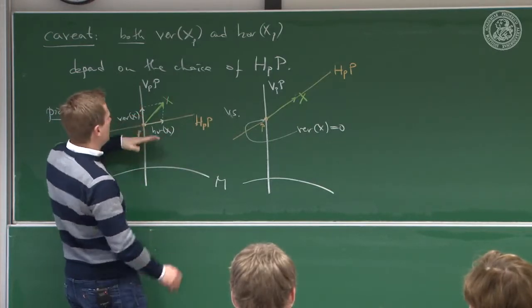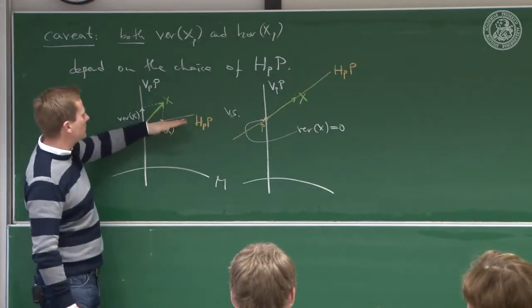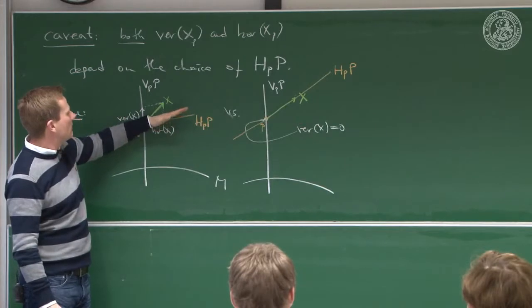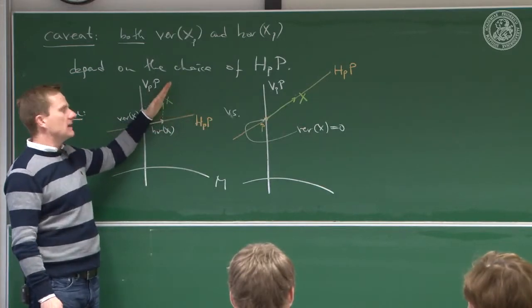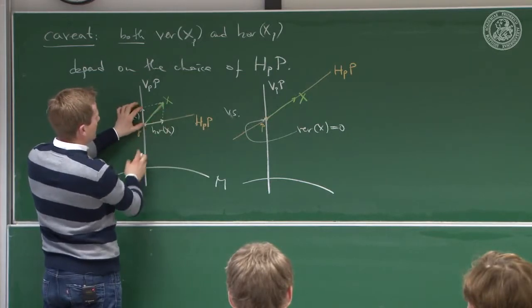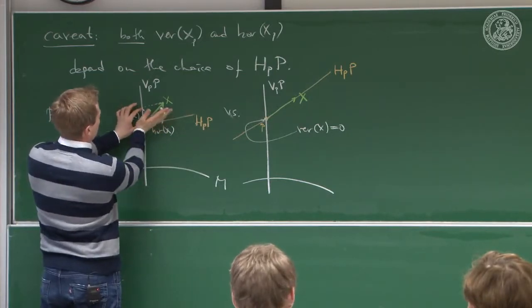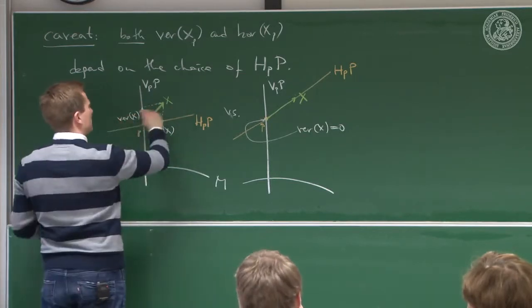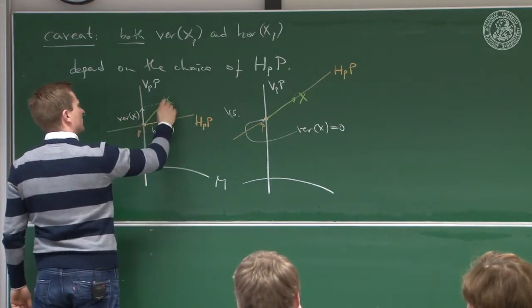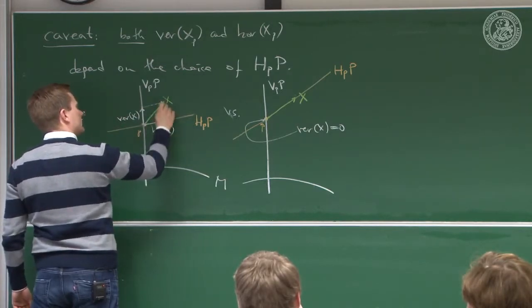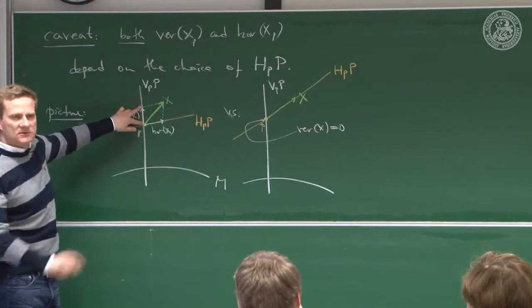That's the idea. So think about this H_P. In order to go from this picture to this picture, you might want to think about tilting this H_P P until it's here. While you tilt it, you see that if the vector is kept the same, the projection to the vertical axis is a parallel projection. If you want to find the vertical part, you need to go parallel to this one to see what this component is.